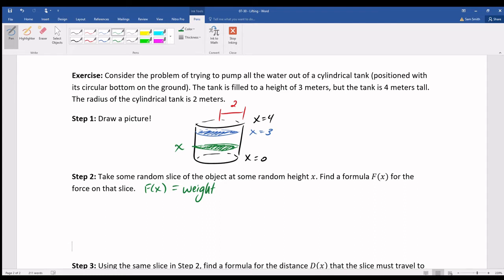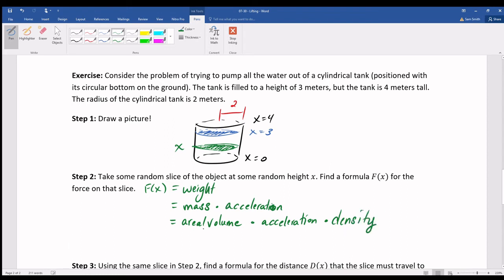Now, the weight of an object is equal to its mass times the acceleration due to gravity. And the mass of an object can be found by taking its area or volume, depending on whether you're dealing with a 2D or 3D object, and multiplying that by the density of the water, because volume times density will give you the object's mass.